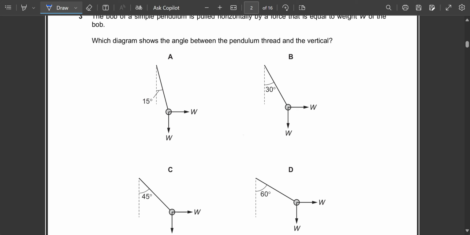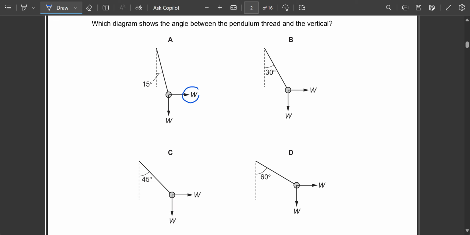Since these two forces are equal, their resultant will be, if I do it with the head to tail rule, this is my W, this is my second vector, and they both are the same. The resultant will be from the first vector's tail to the second vector's head.